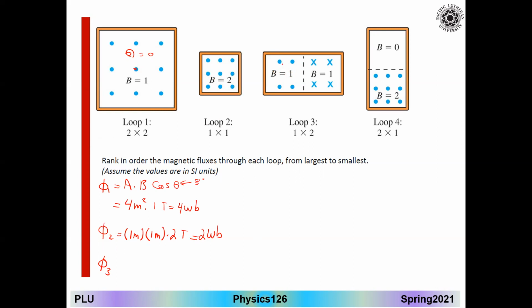In the first part, the magnetic field points out of the page; in the second part, the magnetic field points into the page. Each part is 1 meter by 1 meter. So for the first part, it is 1 meter times 1 meter times 1 Tesla, where this area is out of the page.